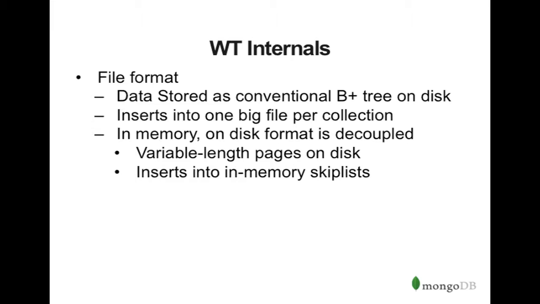So while data can be stored, compressed, and in a certain format on disk, in memory, we can transform it from the on-disk structure to a usable in-memory data structure. So this will allow for many innovative things going forward that will allow us to store the data in certain formats on disk and utilize the data differently in memory. So there's a lot of room for innovation in that space.